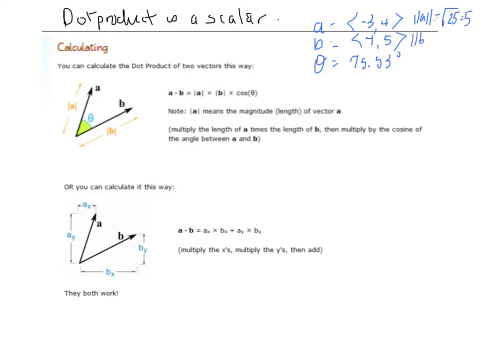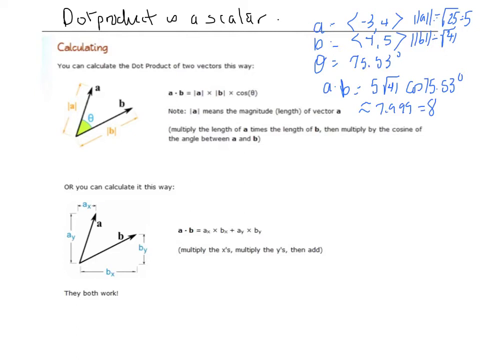Then the magnitude of B, which is the square root of 16 plus 25, which is the square root of 41. Then A dot B is equal to 5 times the square root of 41 times cosine of 75.53, and in your calculator that is approximately 7.999, which is essentially 8.